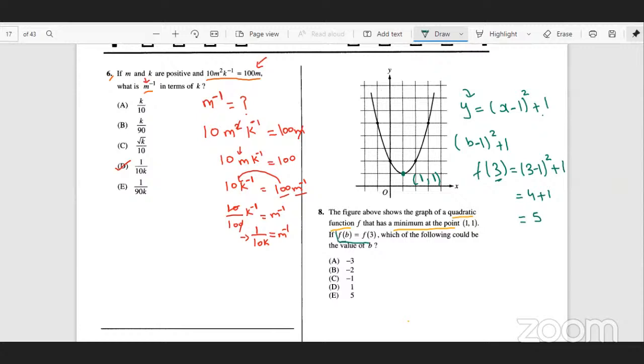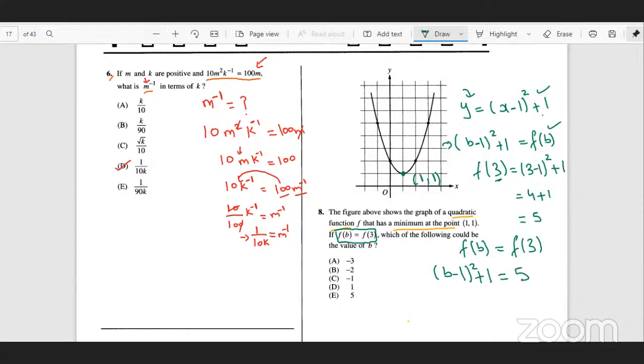Okay, perfect. So let's use this part. f of b equals f of 3. This is f of b because it is the same as this equation, but instead of x, I have b. So since f of b equals f of 3, let's just plug in the values. f of b is (b minus 1) squared plus 1 equals 5, right?